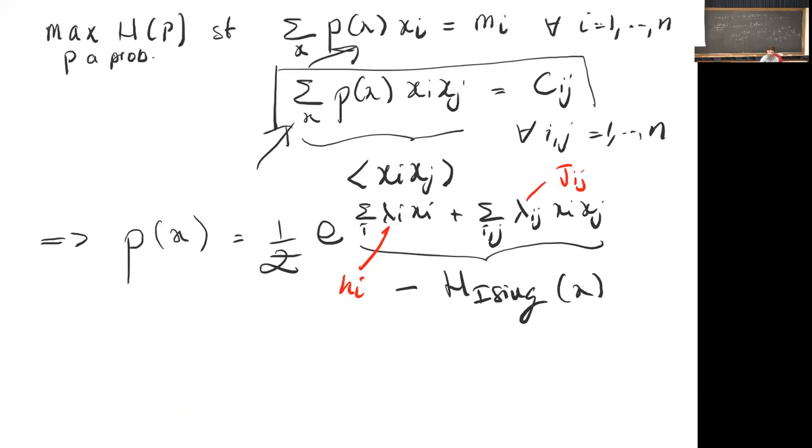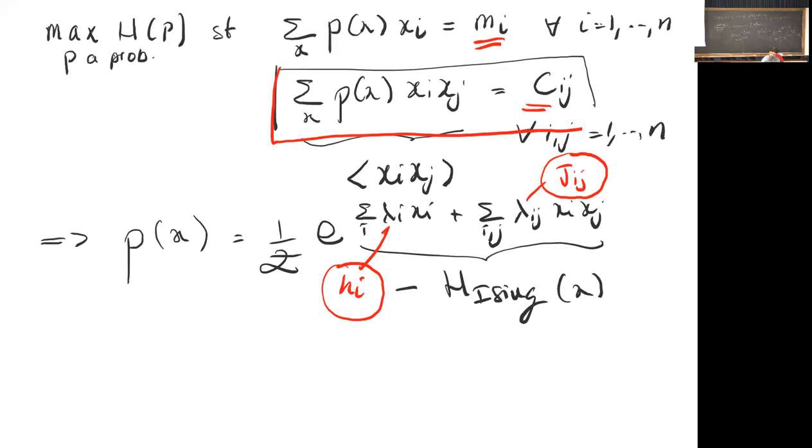By the way, and this answers the question you asked previously, if now you were really fixing these local magnetizations and these two-body correlations, let's say these are actual numbers that you measured, then finding the local fields and the interactions, which means the Lagrange multipliers, such that these constraints are really verified for the specific values of Mi and Cij's, is an extremely complicated problem.